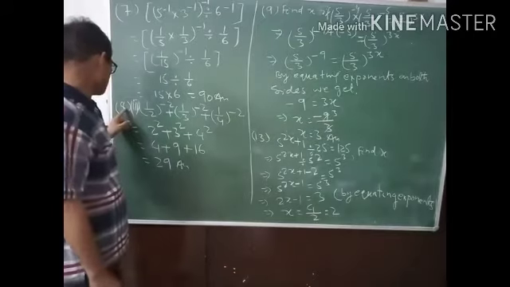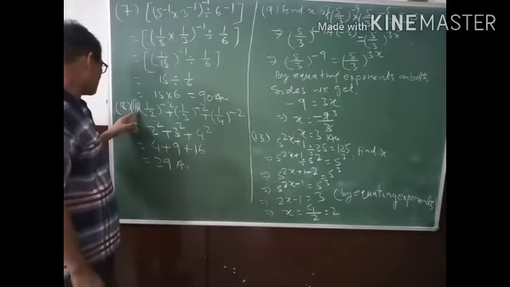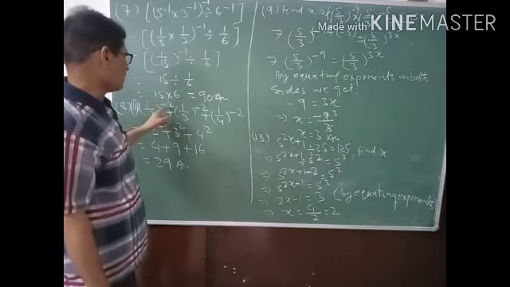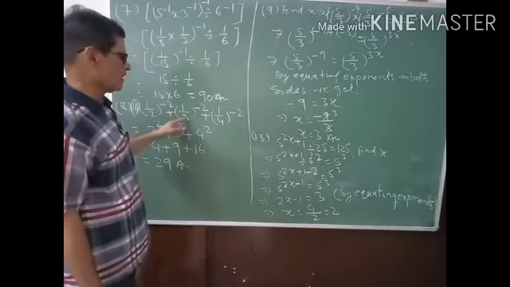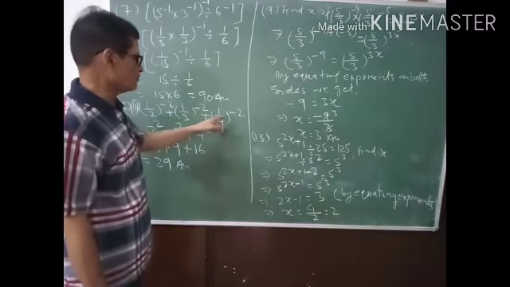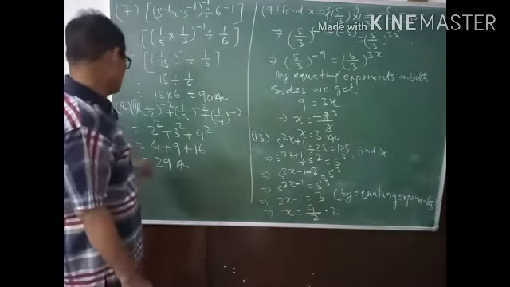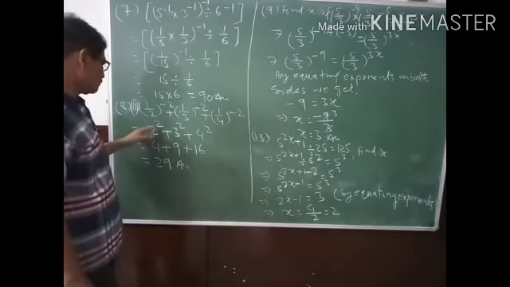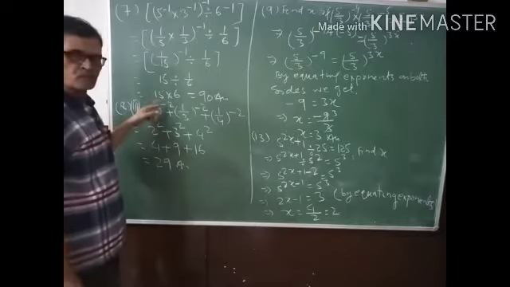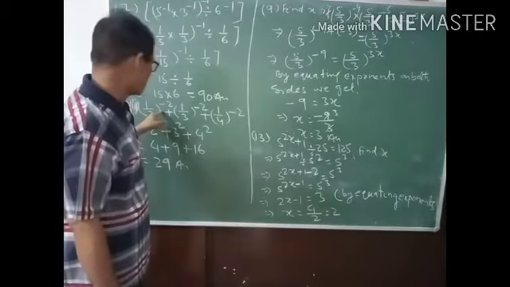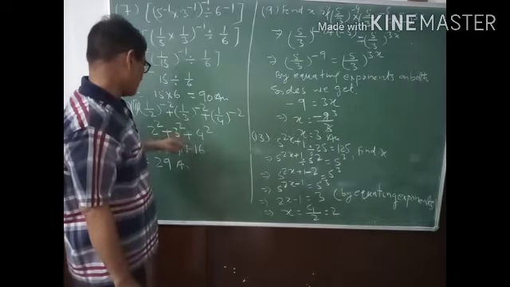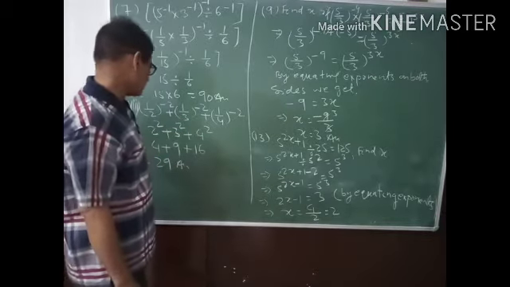Come to question number 8, part 3 of question number 8. 1 by 2 to the power minus 2, plus 1 by 3 to the power minus 2, plus 1 by 4 to the power minus 2. This will become 2 square, to make the exponent positive, plus 3 to the power square, plus 4 to the power square.